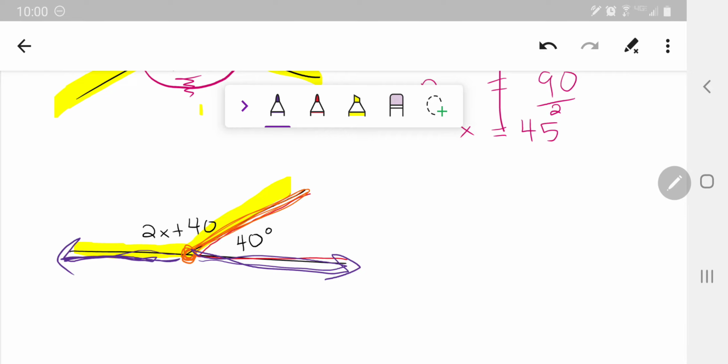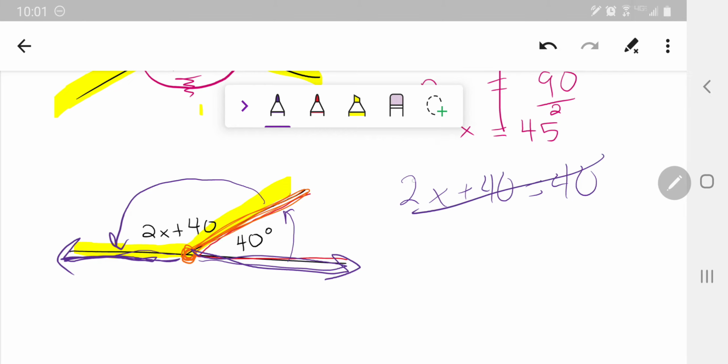So we're not going to set them equal to each other. We're not going to go 2x plus 40 equals 40, because look, this guy's small, this guy's big. All right, they're not equal to each other.